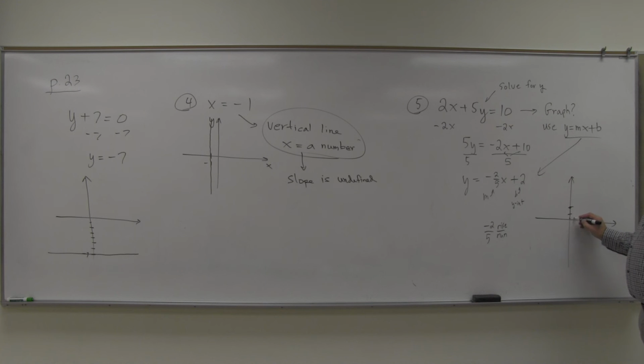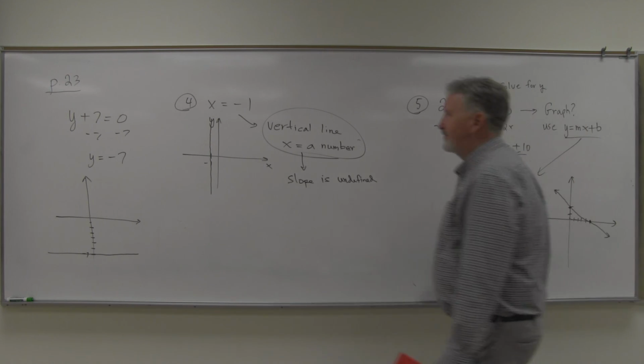Run 5, so that's positive 5. So that puts me right on the x-axis there. So, yeah, that's the idea for graphing on this one that we want you to use on this assignment. Is that okay? Questions on that one?